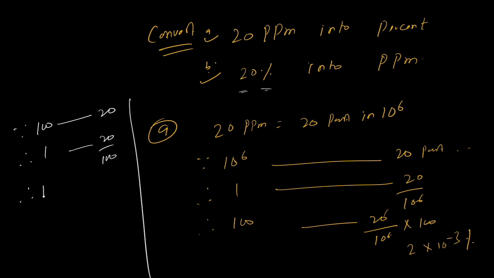Then you have to find it in 10 power 6. So it will be 20 upon 100 into 10 power 6. The zeros cancel, so 20 into 10 power 4 ppm. So this will be your answer. So you can convert ppm into percent and percent into ppm. Such types of questions will be asked.